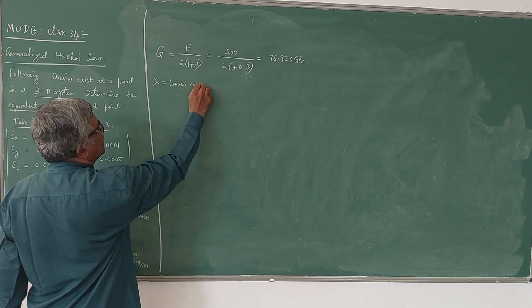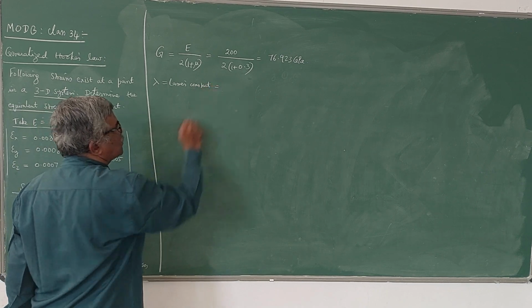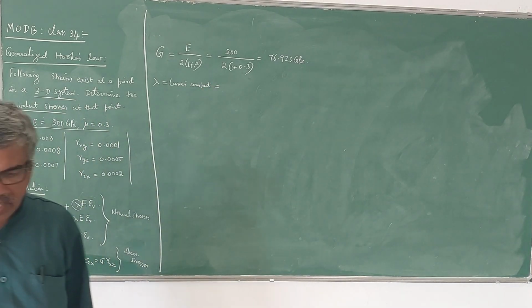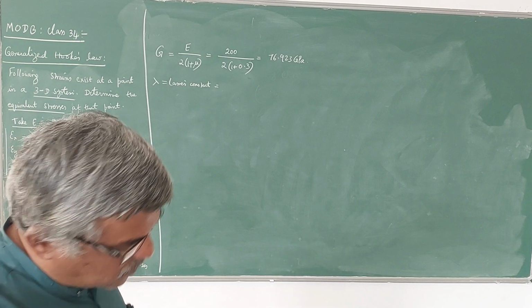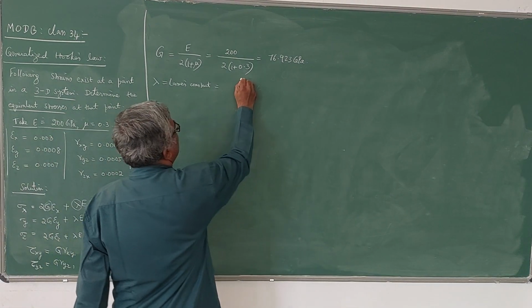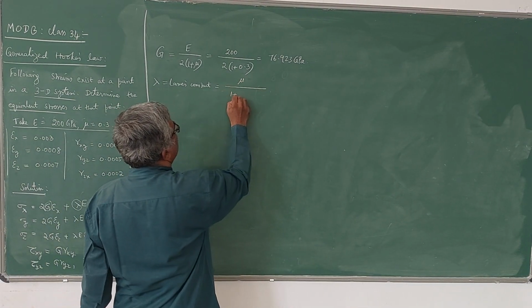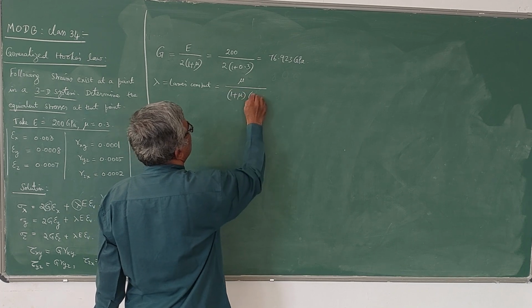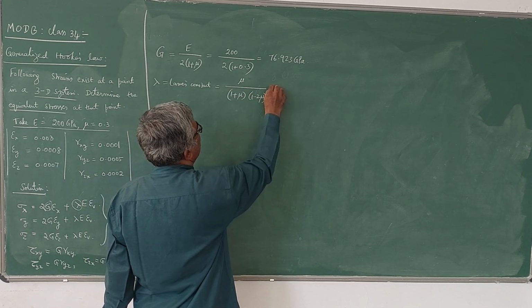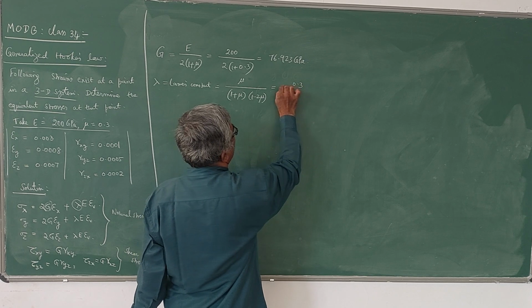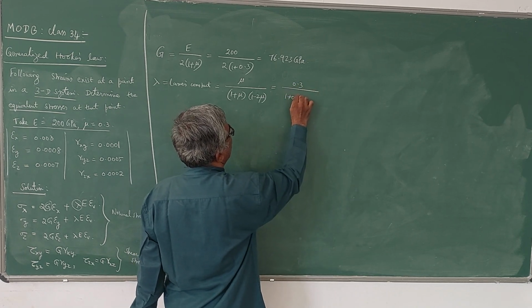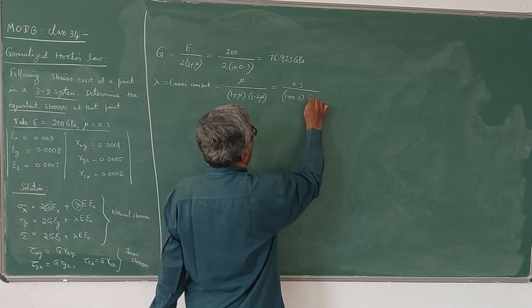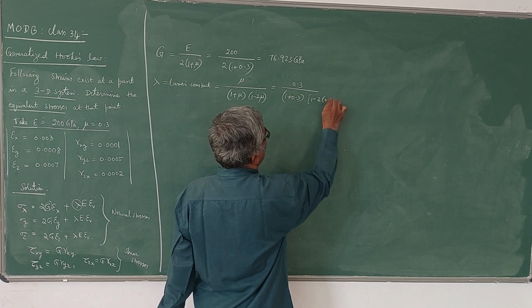Then Lame's constant lambda depends on the value of mu. In the last class I derived the expression for Lame's constant, which is mu divided by 1 plus mu into 1 minus 2 mu. Mu is 0.3, divided by 1 plus 0.3 into 1 minus 2 into 0.3.